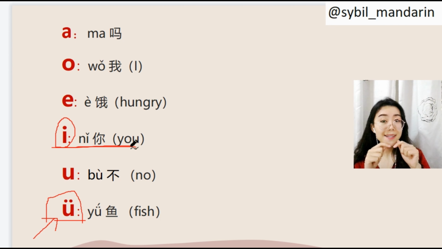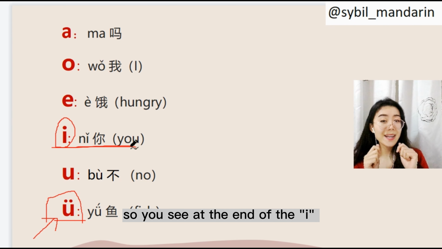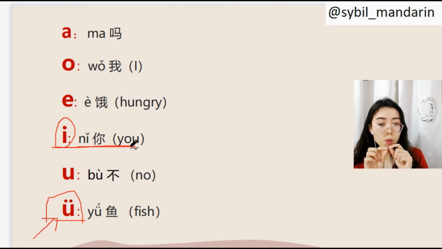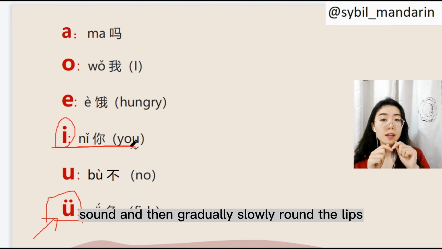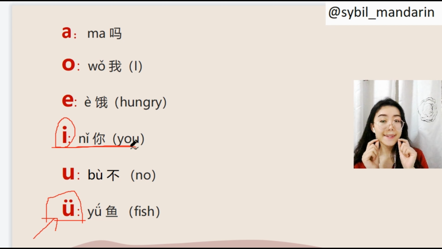Look at me. E, ü. See, at the end of the e sound, we got the ü. One more time. Firstly, make the e sound, and then gradually, slowly round our lips. E, ü.